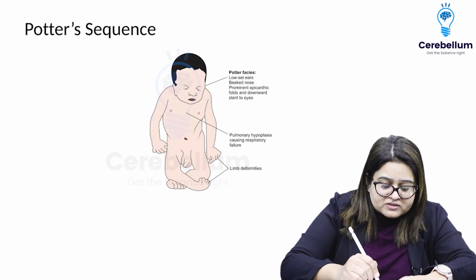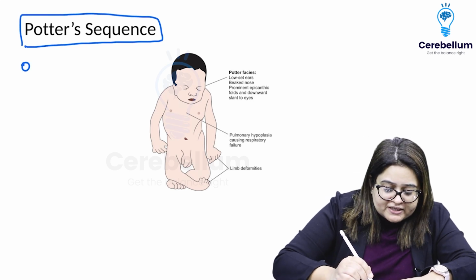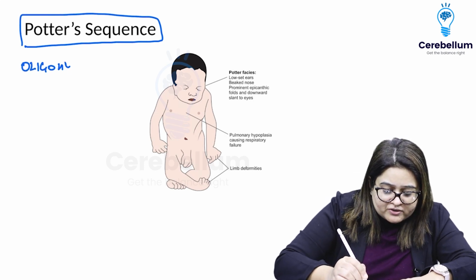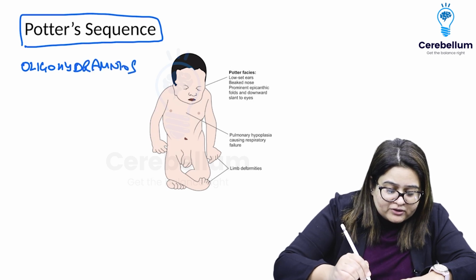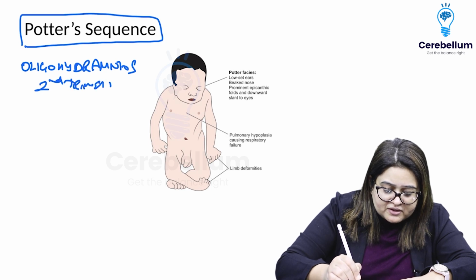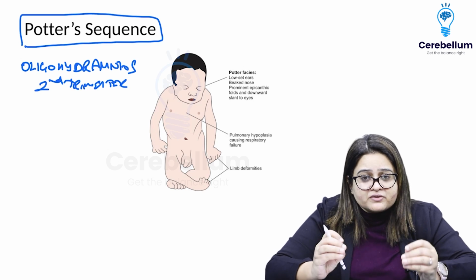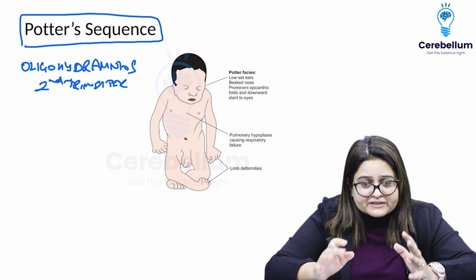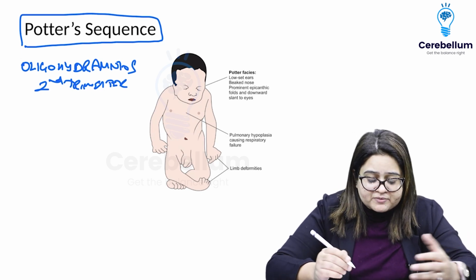What is this called? This is called Potter's sequence. What is Potter's sequence? It occurs because of early oligohydramnios. So oligohydramnios in the second trimester, which could happen because of renal agenesis or hypoplasia of the fetal kidneys, which can happen because of ARBs or ACE inhibitors.